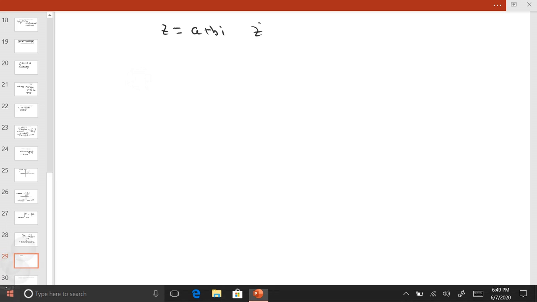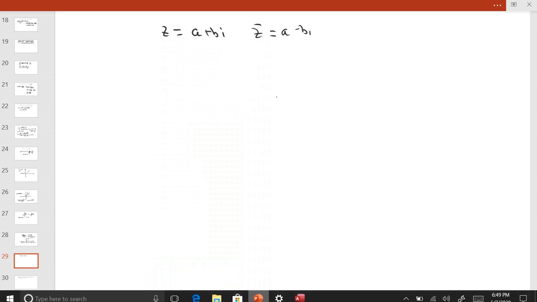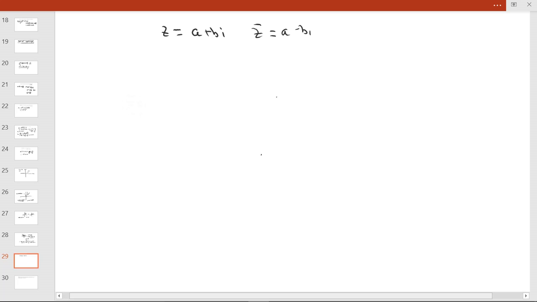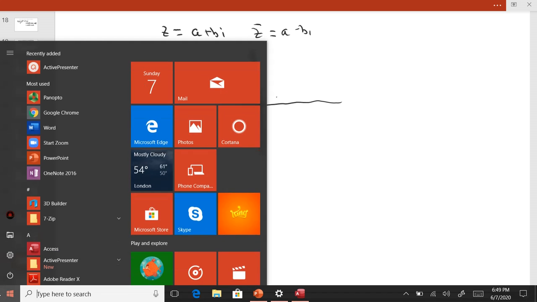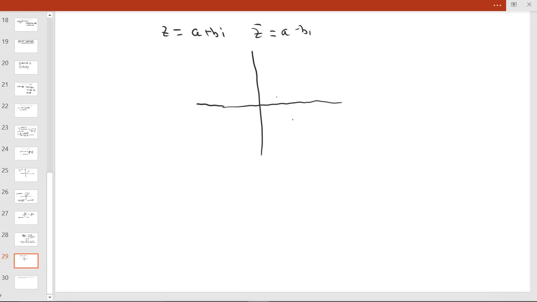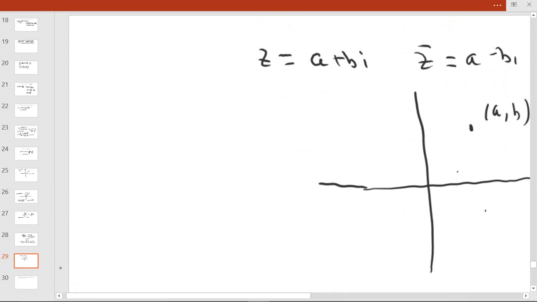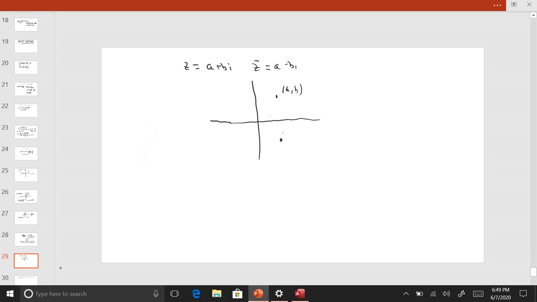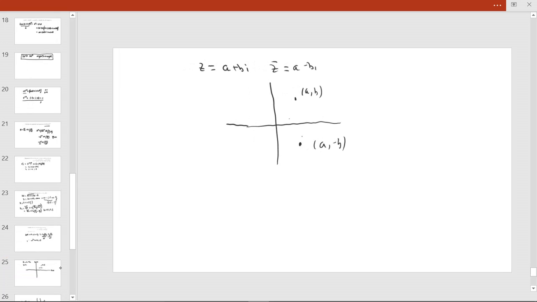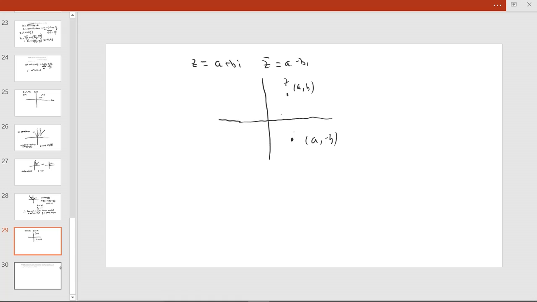Finally, we'll discuss the geometry of the conjugate of a complex number. So recall that if z is equal to a plus bi, its conjugate is a minus bi. Plotting this in the complex plane, we have the point a, b here, which corresponds to z, and we have the point a comma negative b here, which represents z conjugate.